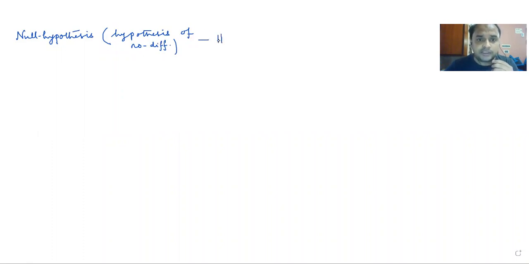The null hypothesis is denoted by H0. It is a statement about the situation. The alternative hypothesis, on the other hand, is denoted by H1.